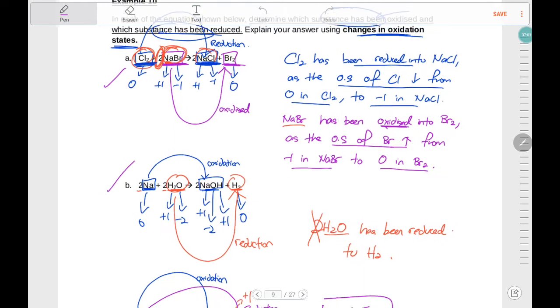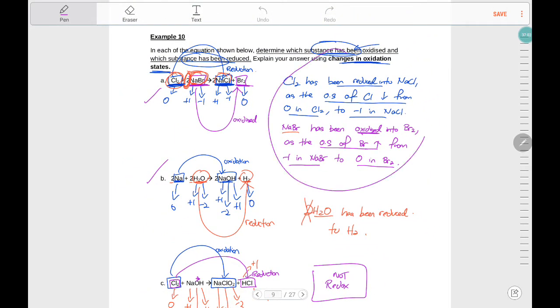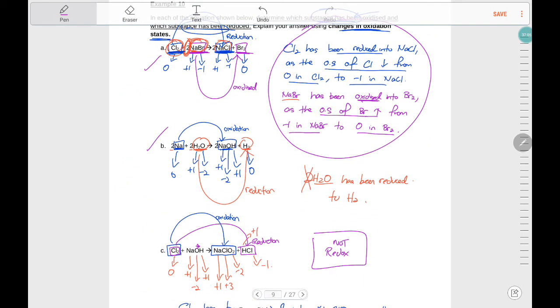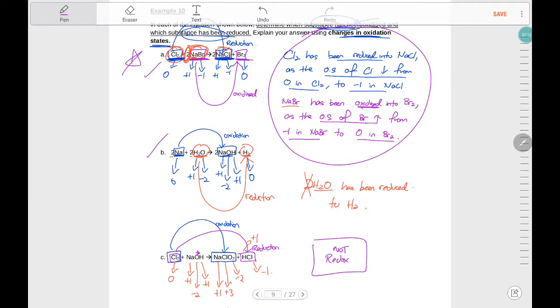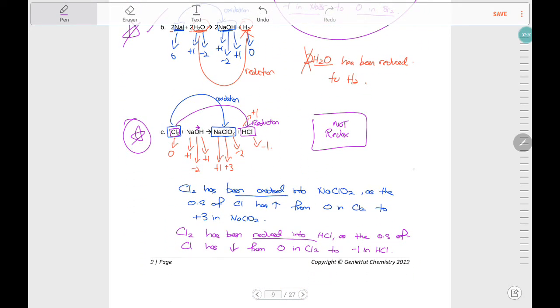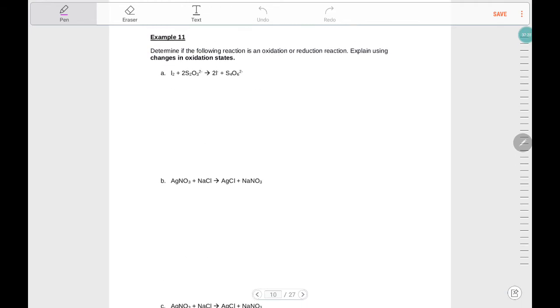But for now, I just want you to know how to answer the question, and I want you to appreciate the difference: redox always comes in a pair, but when you see something like that, you know it's something different. This is disproportionation. The way you answer is pretty much similar. So with that, let's quickly go through example 11 on the next page.